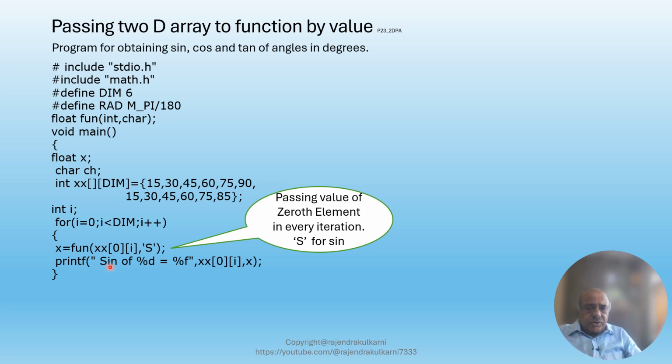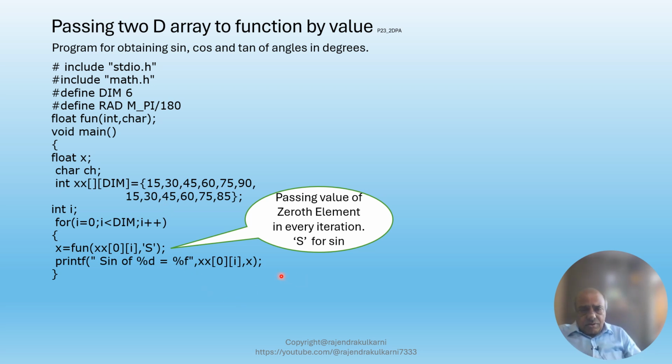We are passing the value of the 0th element in every iteration of the for loop, the 0th element of the 2D array, which is a 1D array initialized with the values 15 to 90. So in every iteration, one value will be passed.